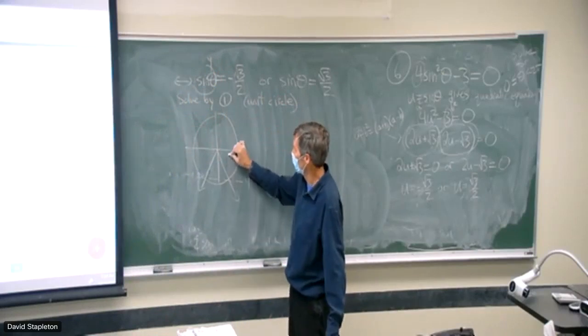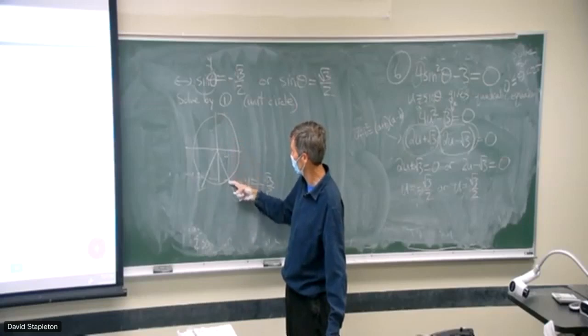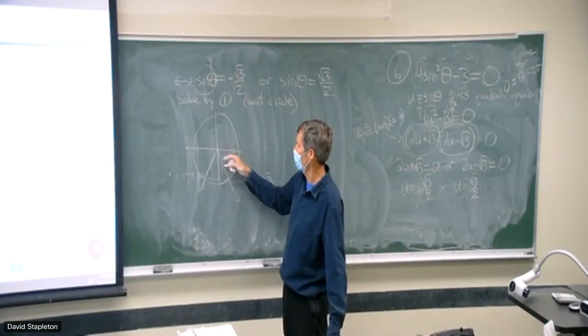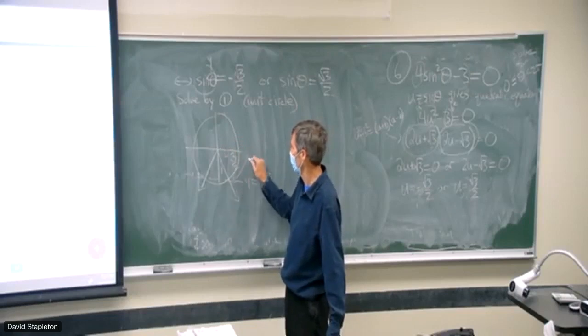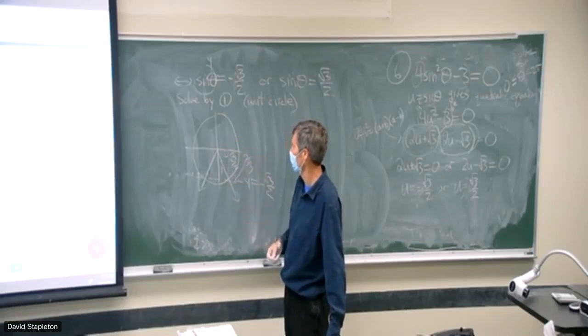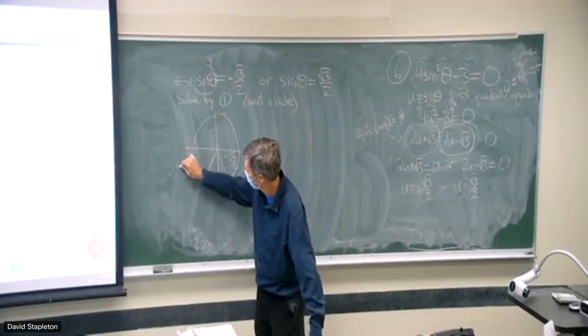You drop the perpendicular and say, well, it went from 0 down to minus square root of 3 over 2, so this side length must be square root of 3 over 2. Right? This is 1, it's a unit circle. Pythagorean theorem will force this to be a half. This angle is pi over 3. Or if you go counterclockwise, pi over 3 is this angle here. By symmetry, this one is always the same, pi over 3.